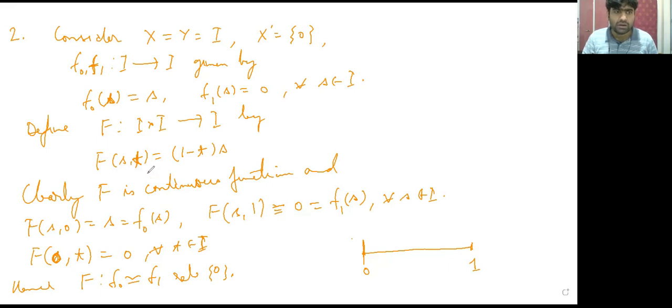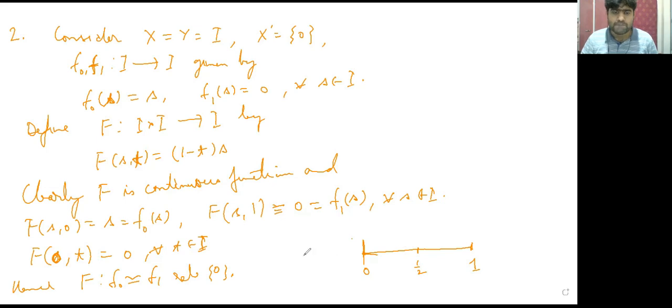And when t is half, what does it do? So this s goes to half s, right? For example, 1 goes to half. So this whole interval is shrunk to this one.